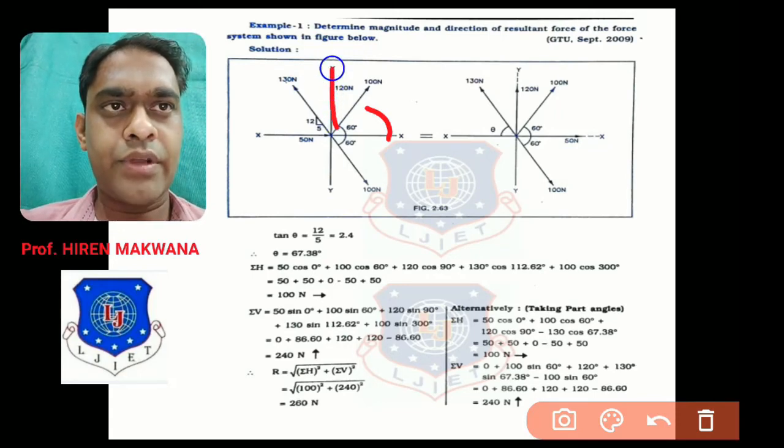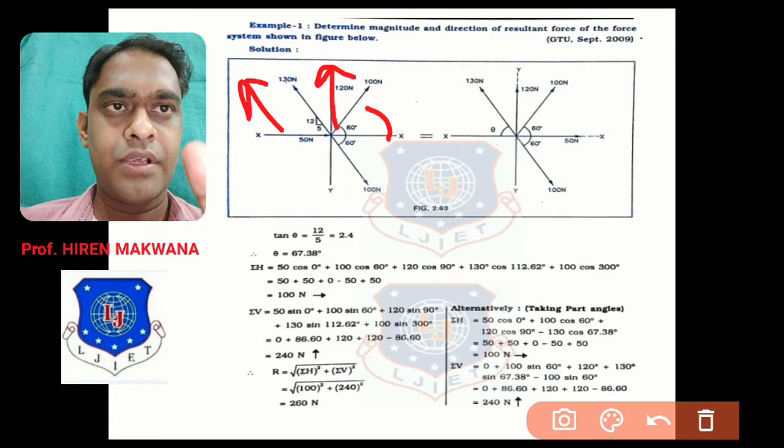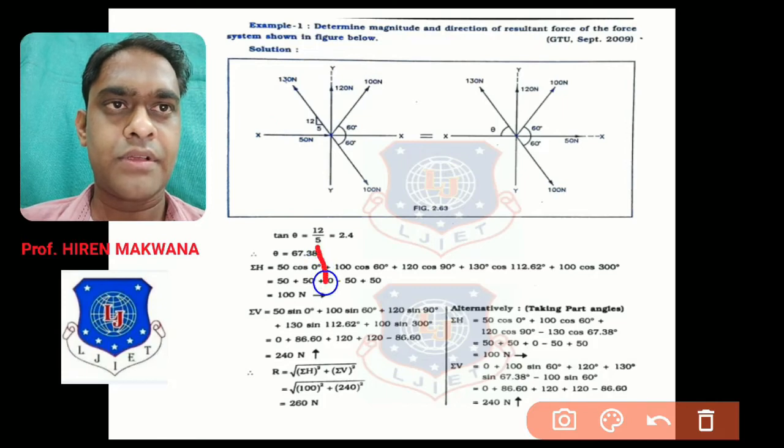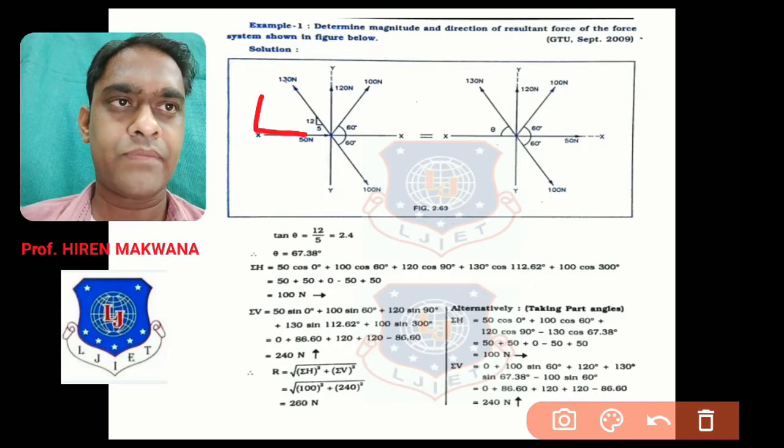Second force 120 Newton is along the positive y-axis. Third force is 130 Newton, but its angle is not given. See carefully, its angle is not given. But the slope is given like this, 12 by 5.